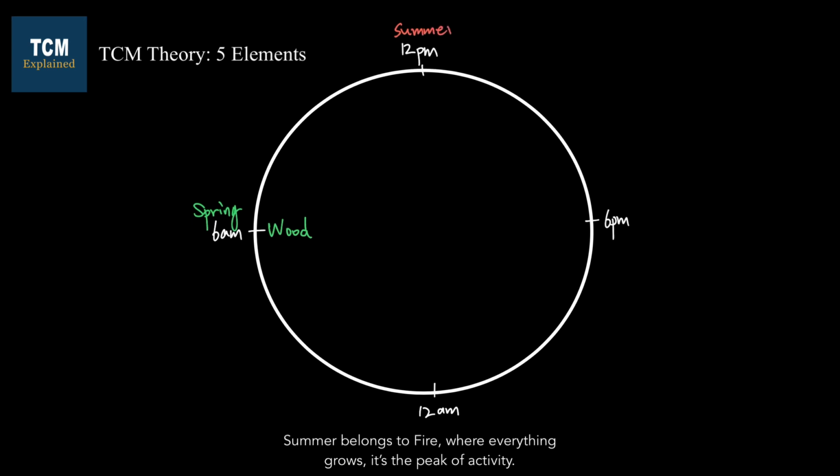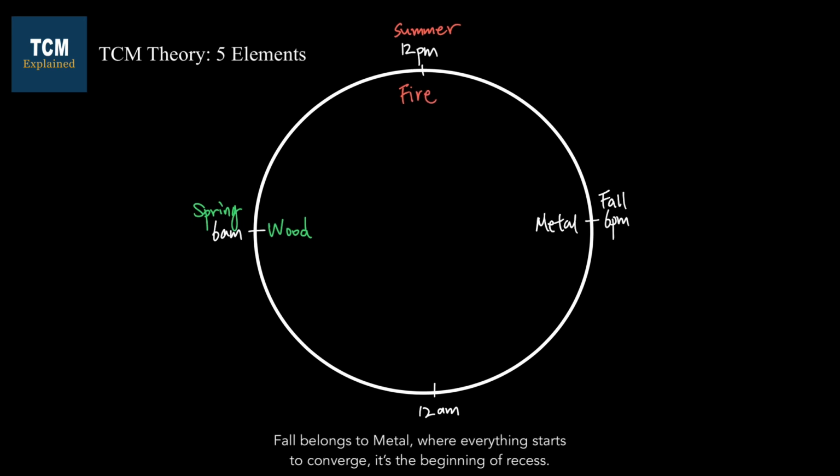Summer belongs to fire, where everything grows, is the peak of activity. Fall belongs to metal, where everything starts to converge, is the beginning of recess. Winter belongs to water, where everything is stored, is the peak of recess. The transition between seasons belongs to earth, where everything transforms.